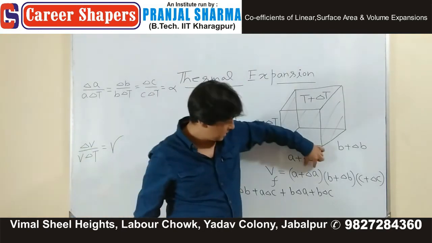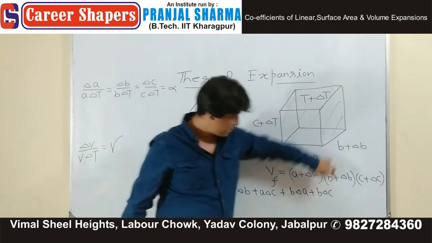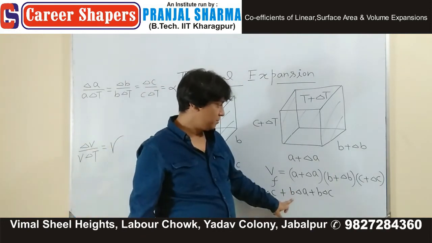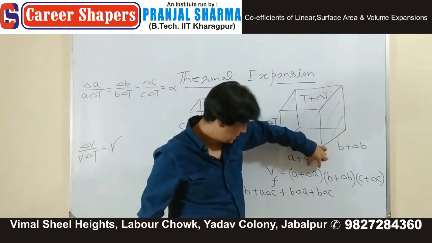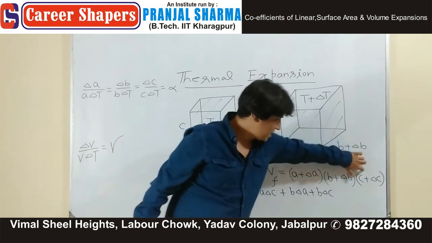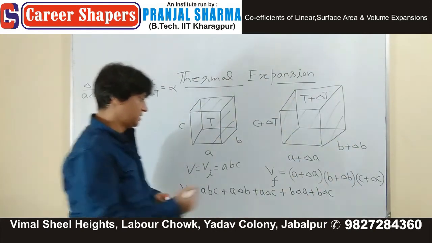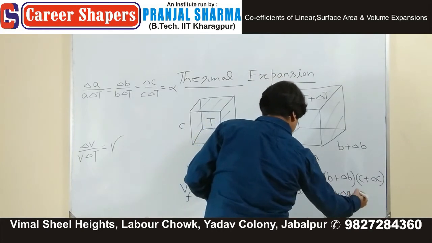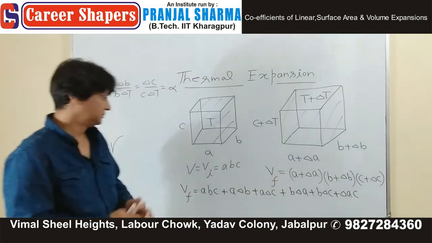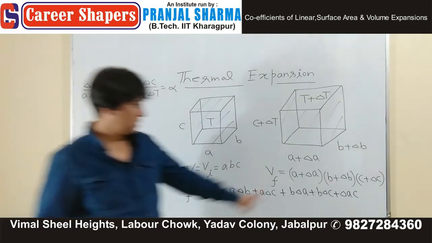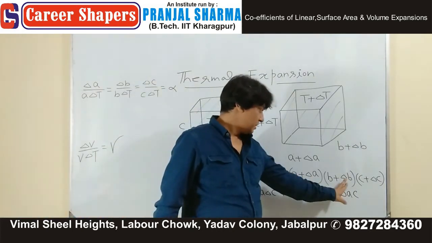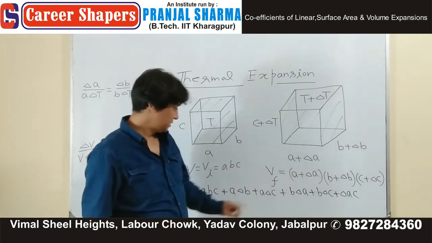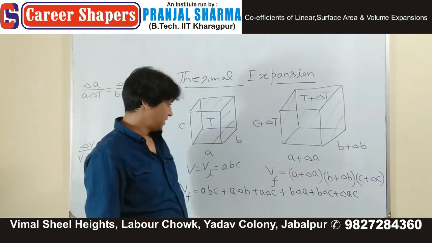We have got delta A multiplied by B. This delta A multiplied by C is missing, delta A multiplied by C. Then this delta B multiplied by C was already present, I think.